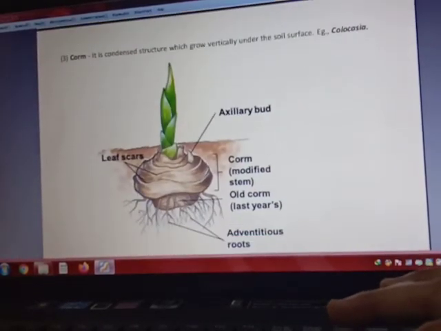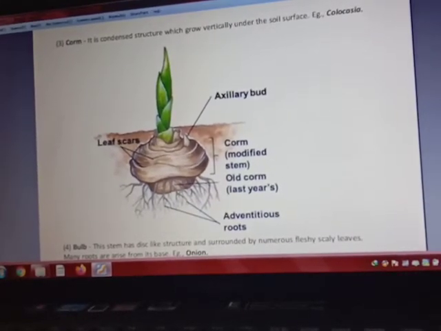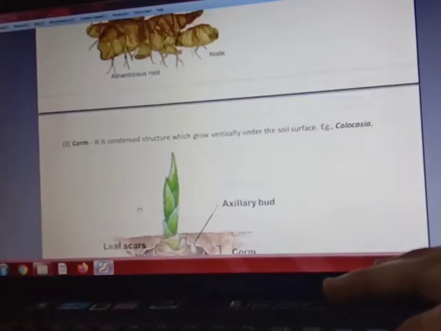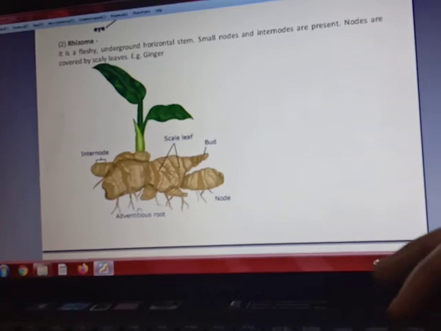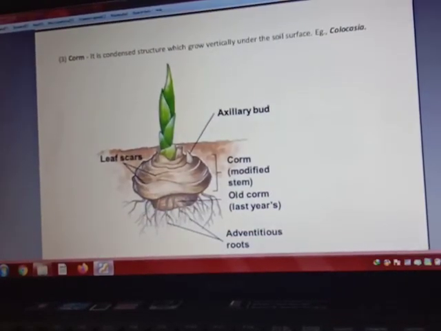Then is the corm. Again, it is an underground modification of the stem, but it is vertical. Ginger was a rhizome, it was horizontal. Ginger is present horizontally inside the soil, but the corm is a vertical modification.